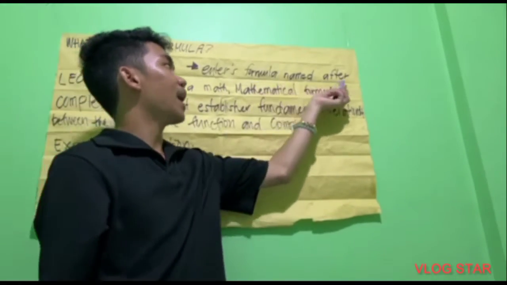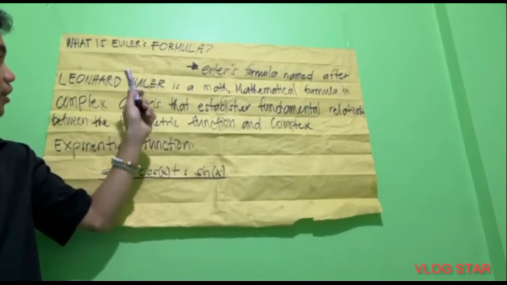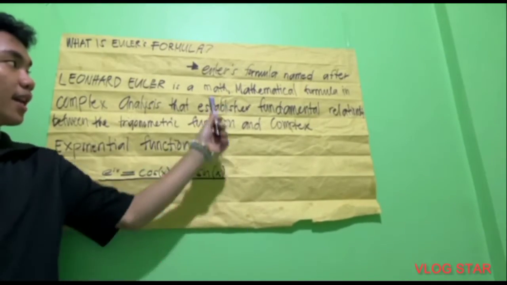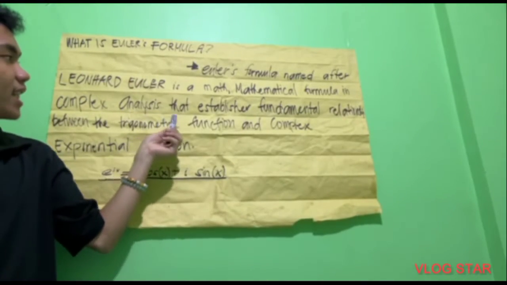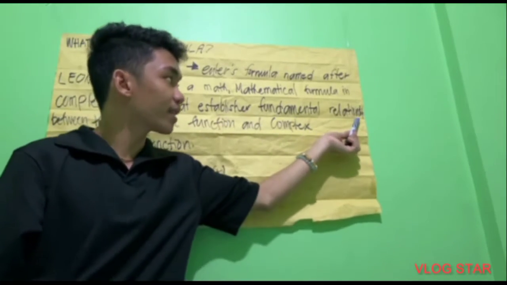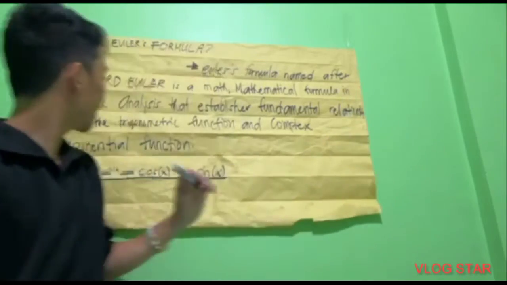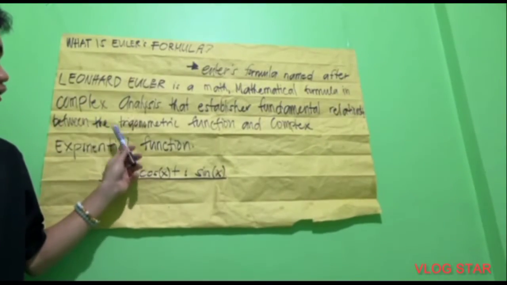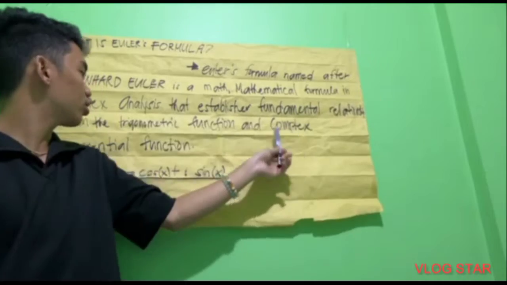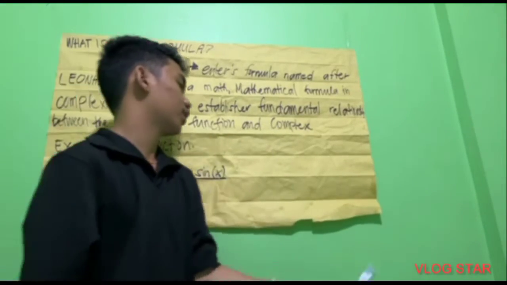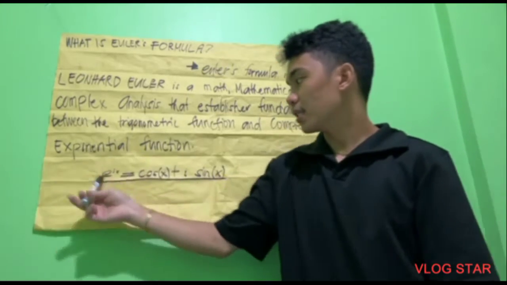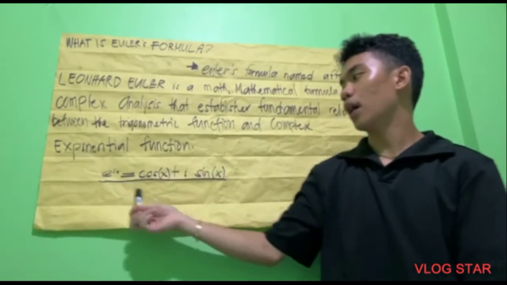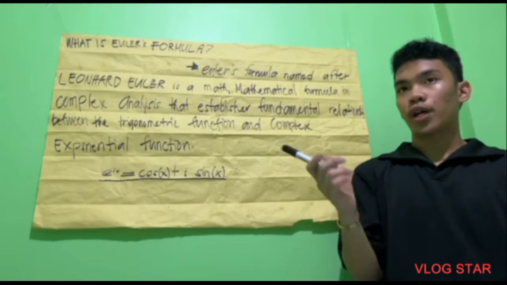So what is Euler's formula? Euler's formula, named after Leonhard Euler, is a mathematical formula in complex analysis that establishes a fundamental relationship between the trigonometric function and complex exponential function. So this is the formula. I don't know how to solve it, but I'm trying my best.